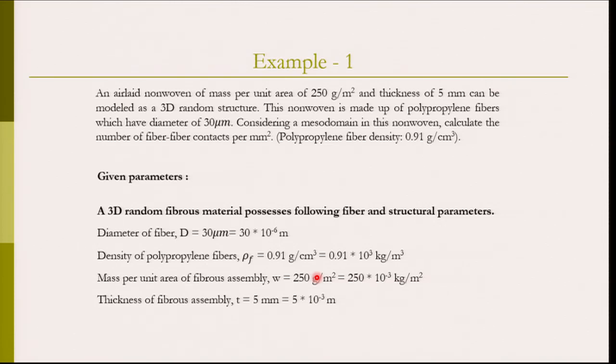The density of polypropylene fibers would be 910 kg per meter cube. Similarly, the mass per unit area of the fibrous assembly is given as 250 gram per meter square, that can be easily converted into kg per meter square, and the thickness of the fibrous assembly is also given to us, which is 5 millimeter, which is 5 into 10 raised to power minus 3 meters. So, we are supposed to calculate the number of fiber to fiber contacts taking place in this mesodomain.